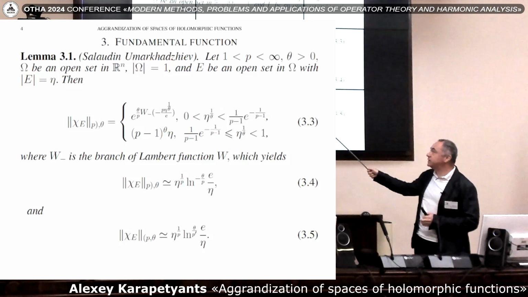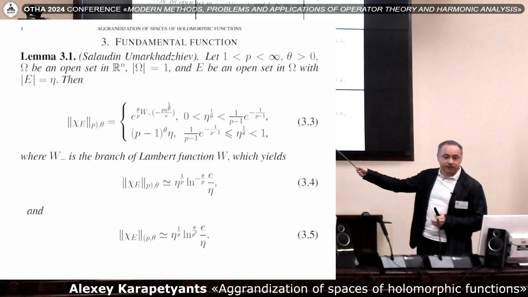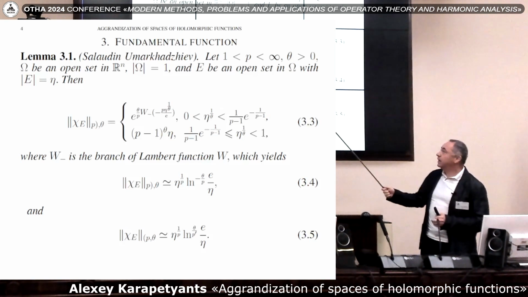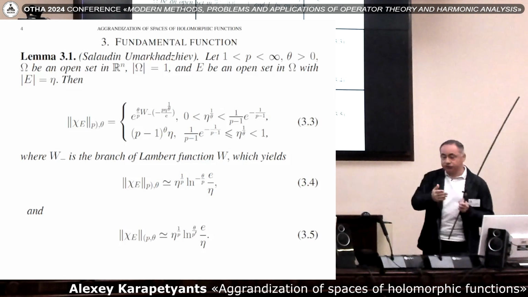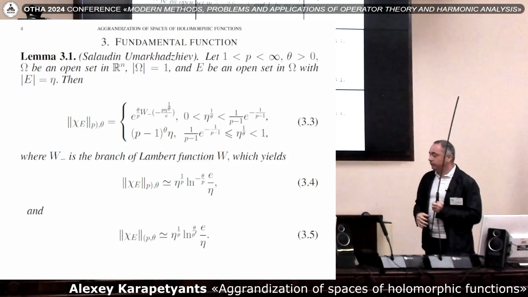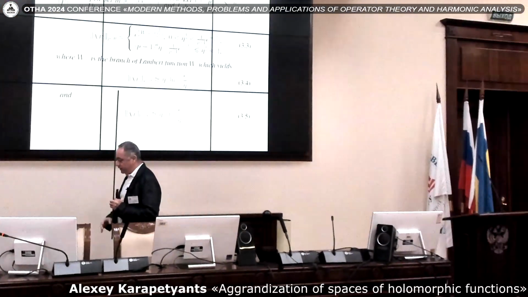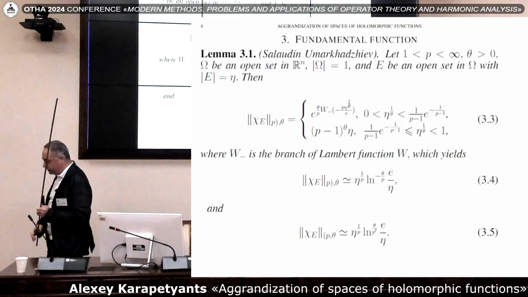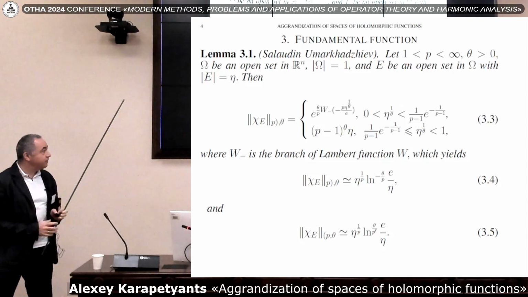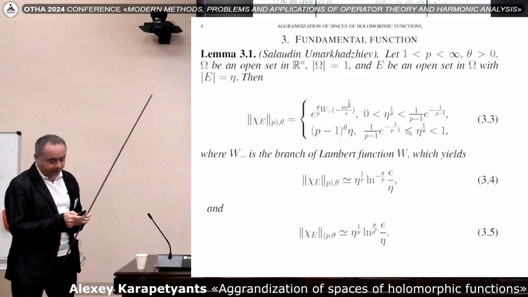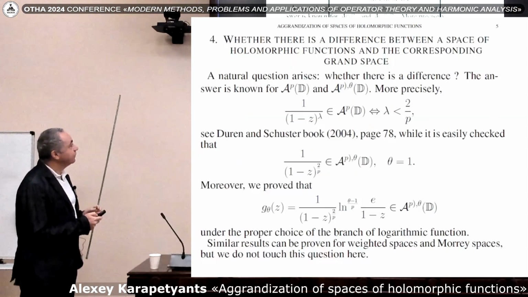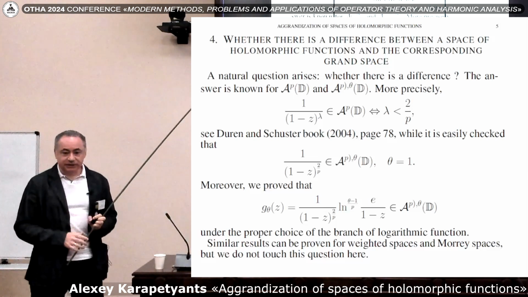So now you can see the difference between the grand space and regular L^p. And this result is due to Salaudin, who is here. Actually, it was first approximated by Alberto Fiorenza by analytic methods, but Salaudin calculated it explicitly with the use of the Lambert function. Okay, so these are some ideas.